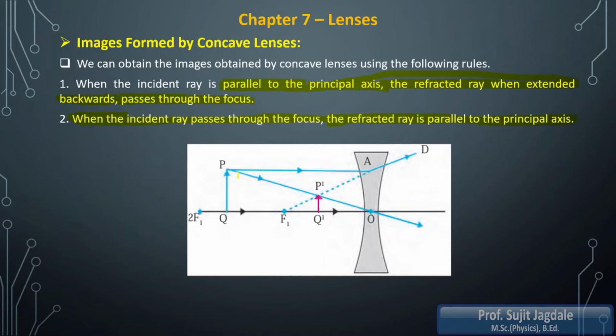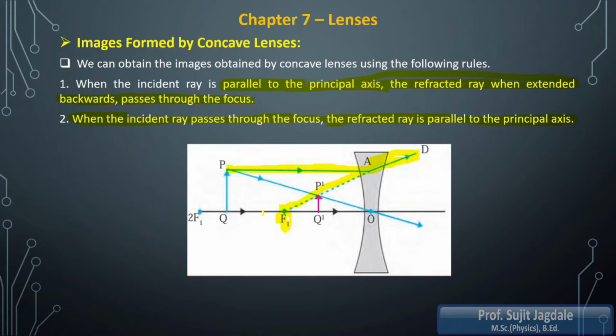In the first case, the incident ray is parallel, you can see this ray PA, and after incidence on the concave lens, it moves along the path AD, that means it moves away. When we extend it to the backward side, you can see this dotted line passing through the focus point F1. This is the first rule.